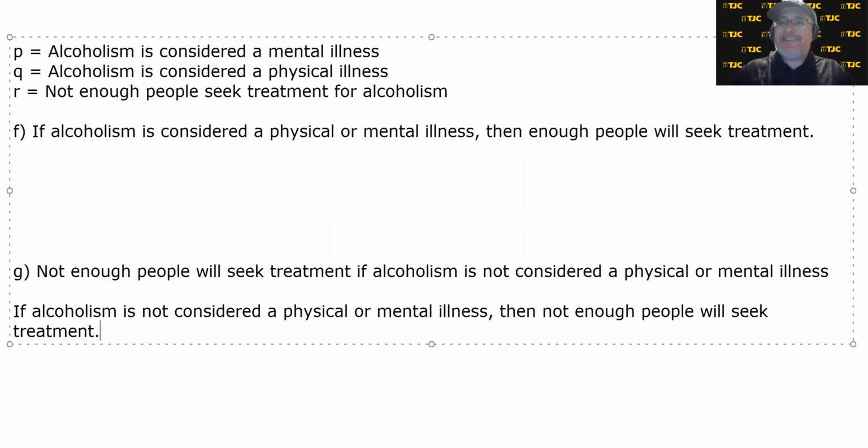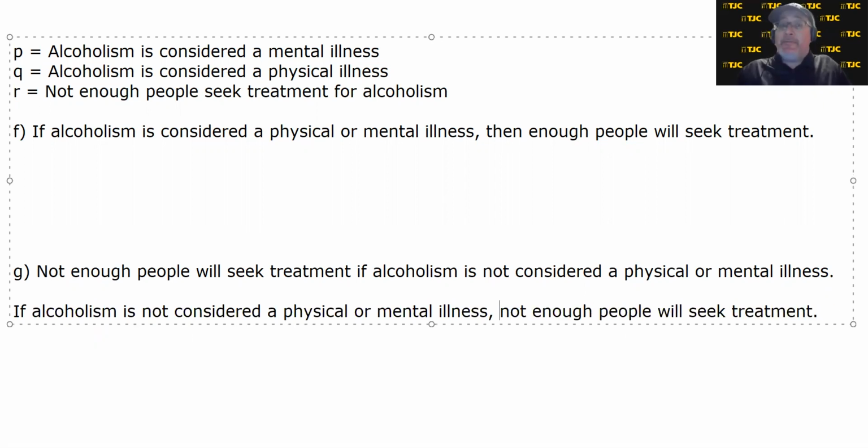So these two statements are equivalent. Not enough people will seek treatment if alcoholism is not considered a physical or mental illness. That's the same as saying, if alcoholism is not considered a physical or mental illness, then not enough people will seek treatment. And sometimes even when it's in that order, the word then is implied.